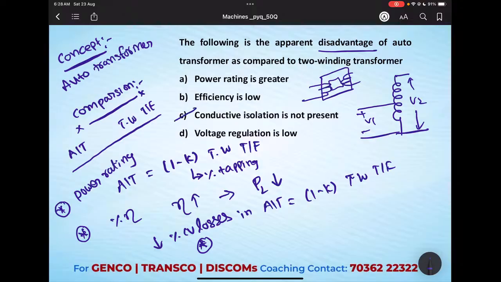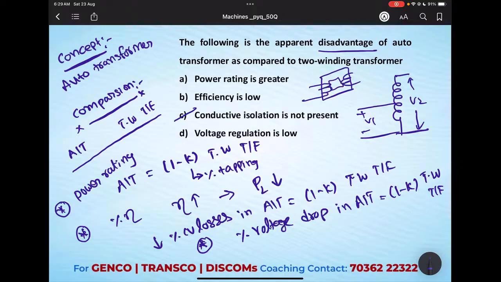We will look after D option also. What are they asking? Voltage regulation. So we know that percentage voltage drop in auto transformer is 1 minus k times of 2 winding transformer. Okay, so voltage drop is very less.